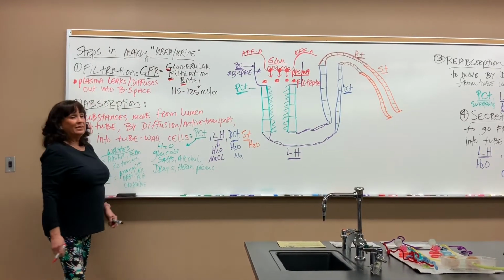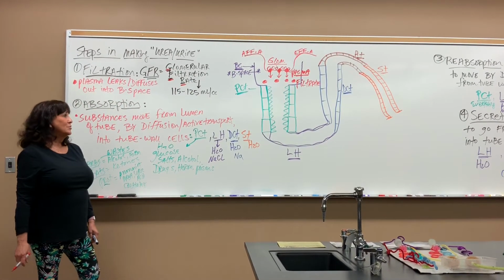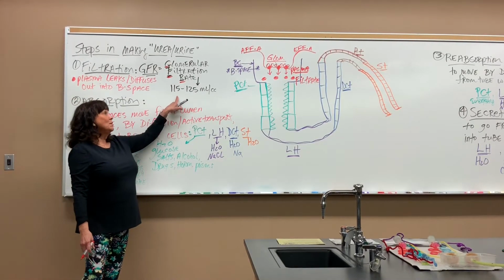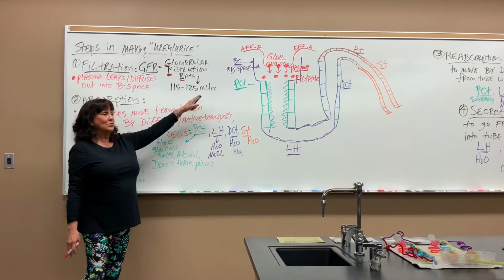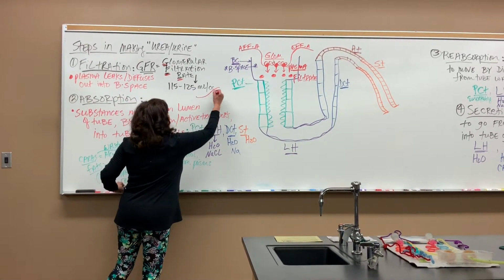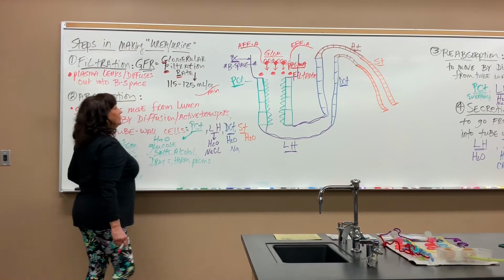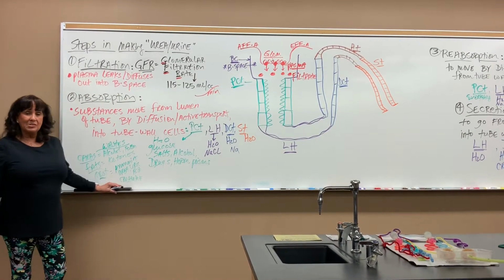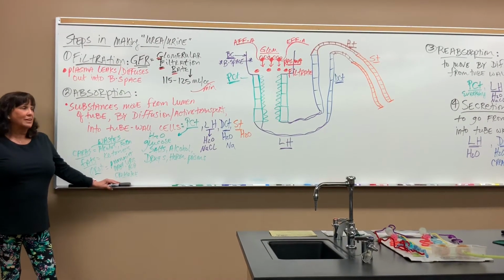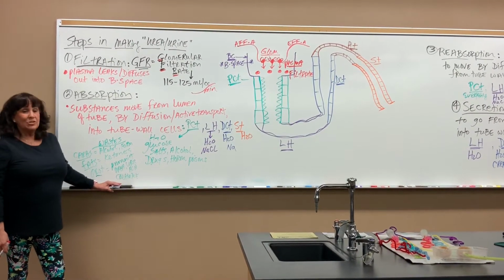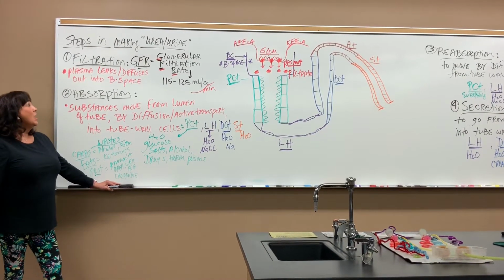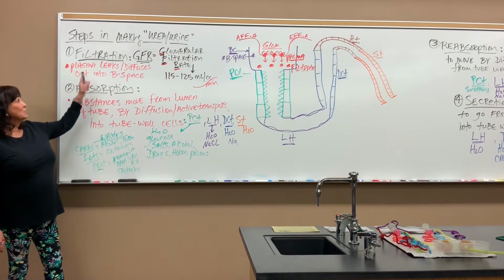For males and females that are adults, anywhere from ages 18 to 60, it should be 115 to 125 mL or cc's per minute. You can also get an estimate of your GFR by blood work. There's an algebraic equation they can do based on the volume of your blood. All right, so that is filtration.